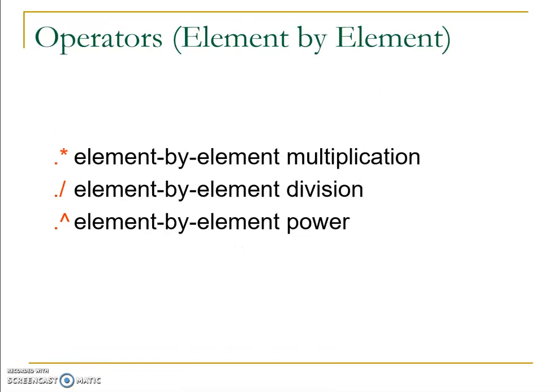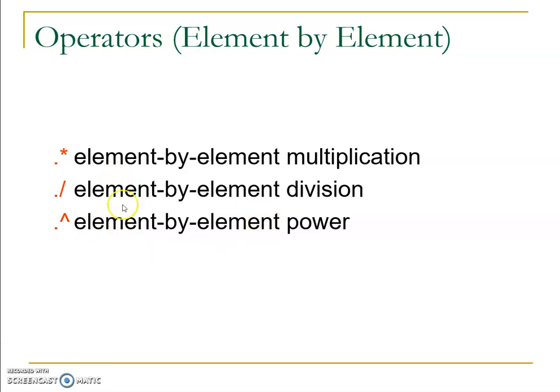Let's learn a few more operators in MATLAB for element by element operations. That is, you have a multiplication sign with a dot. So dot multiplication is element by element multiplication, then dot division and dot power.